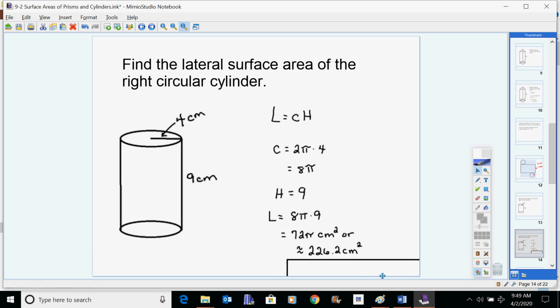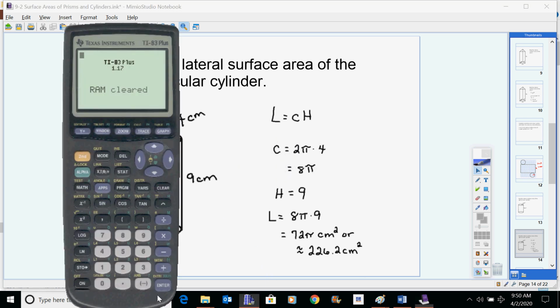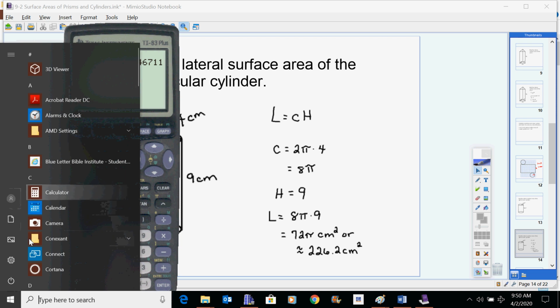If your answer were asking for a decimal, you can do 72 times pi, which is 226.2 if you're rounding to the tenths place, square centimeters.